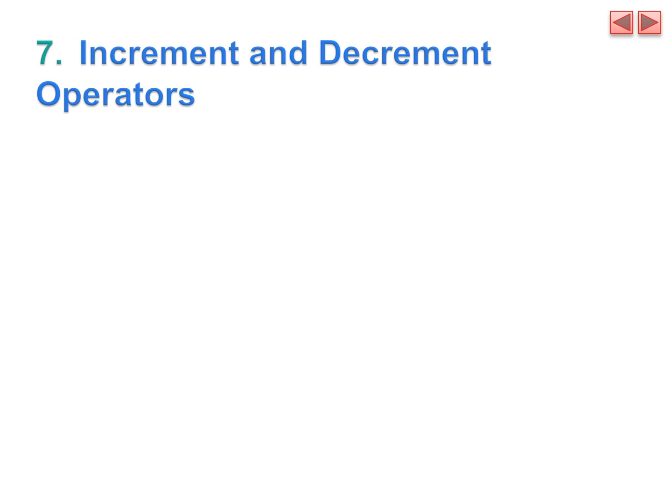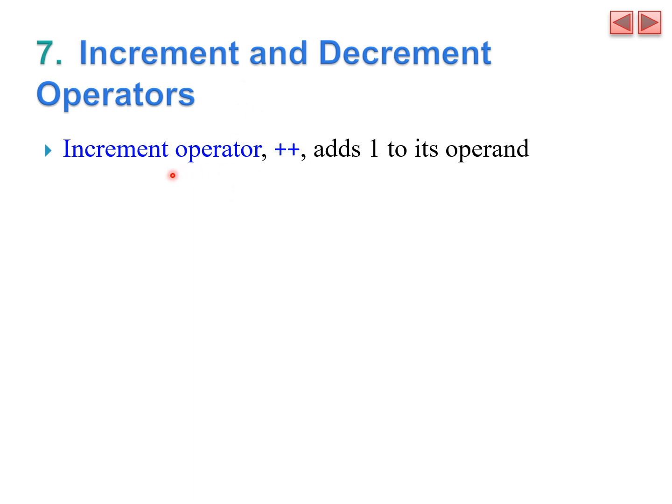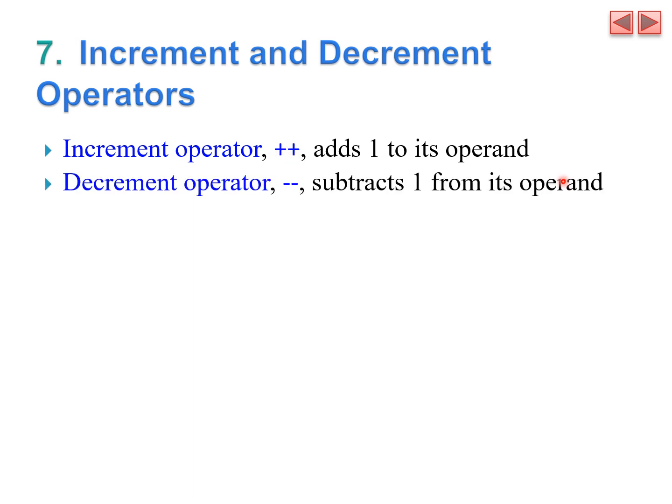There are also increment and decrement operators that are convenient to use when we want to execute something during a loop, which we will learn later. So the increment operator, denoted by two plus signs, adds 1 to its operand. Similarly, the decrement operator, which is denoted by 2 minus signs, subtracts 1 from its operand.